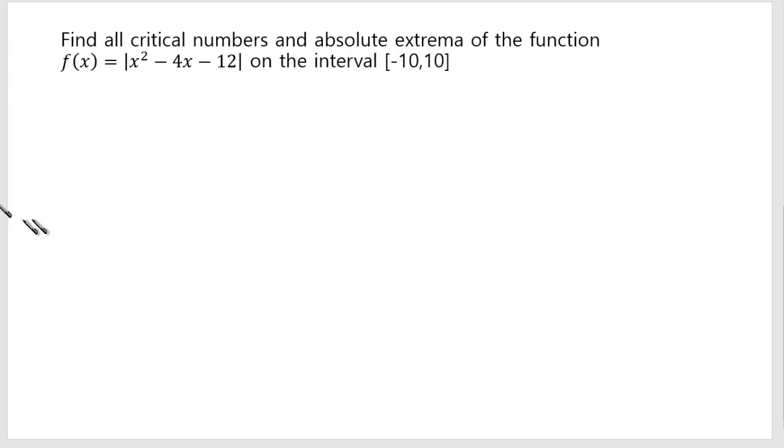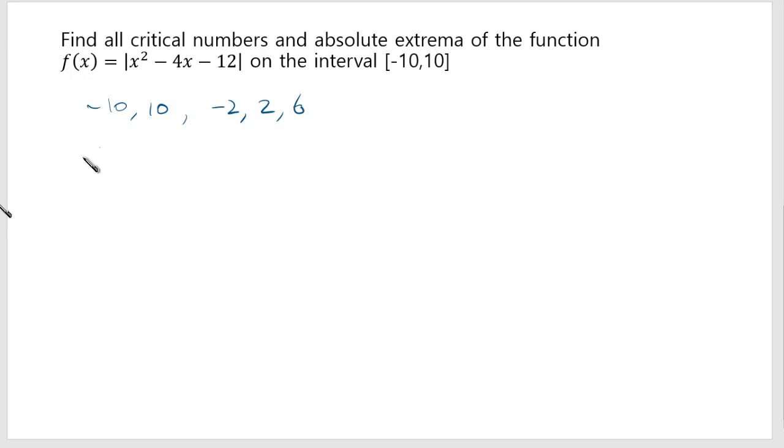So you have -10 and 10 as the endpoints. And we also had -2, 2, 6 as the critical numbers, right? So you evaluate the function at the endpoints and at the critical numbers, and among them the highest will be the absolute maximum, the lowest will be the absolute minimum.